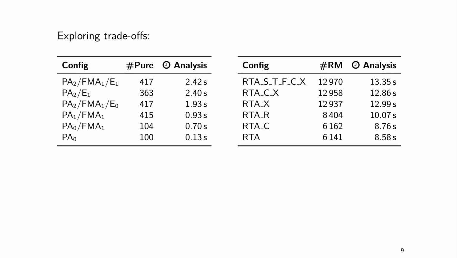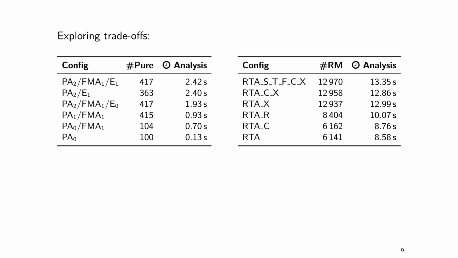We can use this flexibility to explore trade-offs between soundness, precision, and performance. These two tables show the results of different configurations for a purity analysis as well as a call graph analysis. The left one shows different precision purity analyses combined in a plug-and-play fashion with different precision escape and/or field mutability analyses.